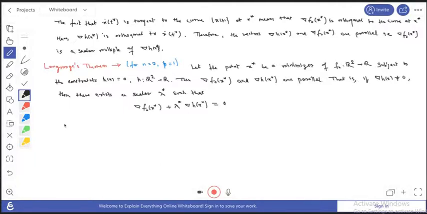And here this lambda star is the Lagrange multiplier.